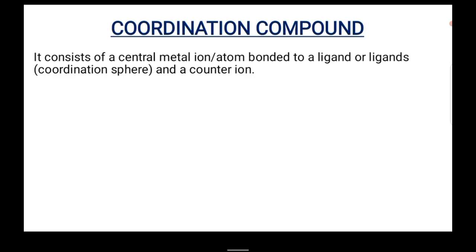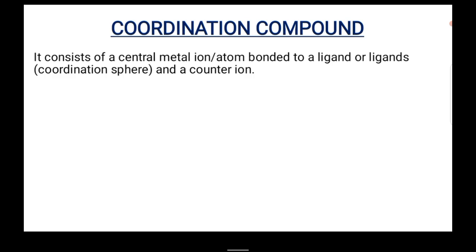This coordination sphere and the counter ion form a coordination compound. The central metal ion bonded to its ligands is called a coordination sphere, as you have seen. This coordination sphere plus the counter ion forms a coordination compound.